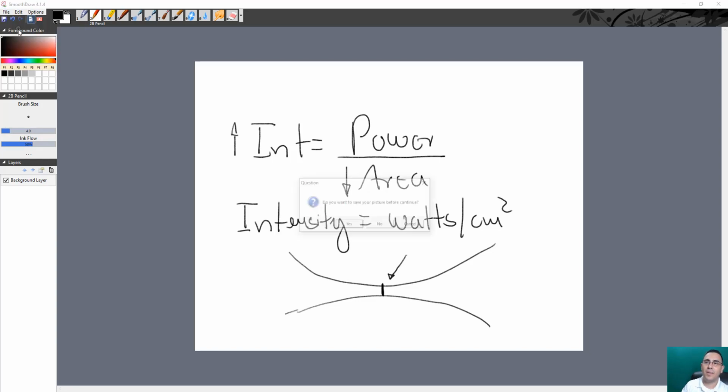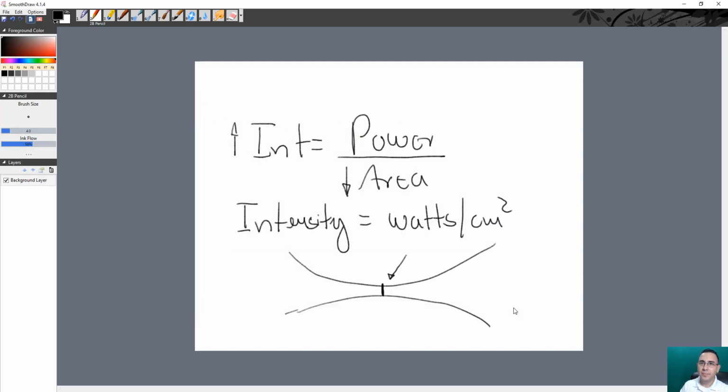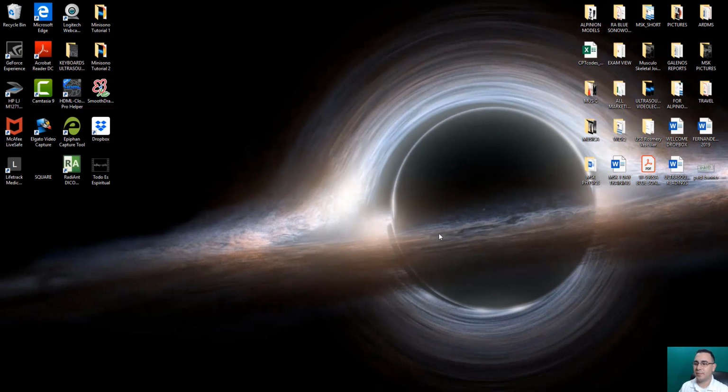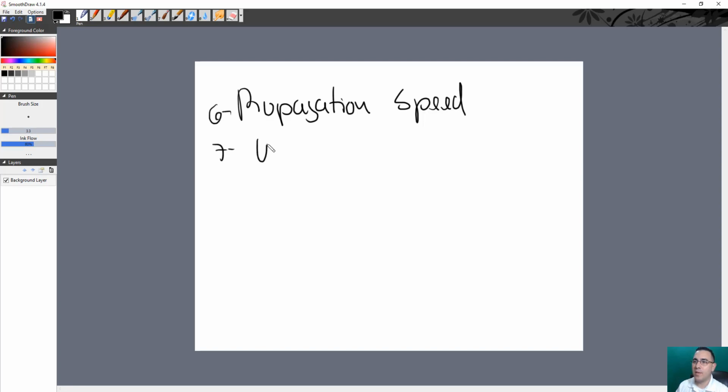And those are the propagation speed, which is number 6, and then number 7, the wavelength.